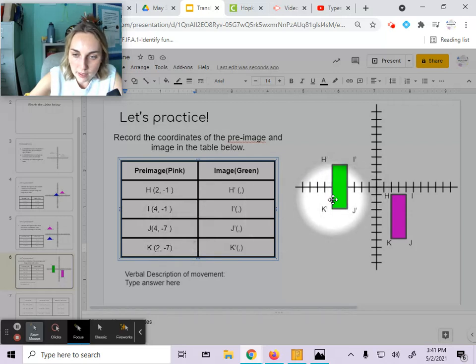Yeah, 8 units to the left. And then we are moving 1, 2, 3, 4.